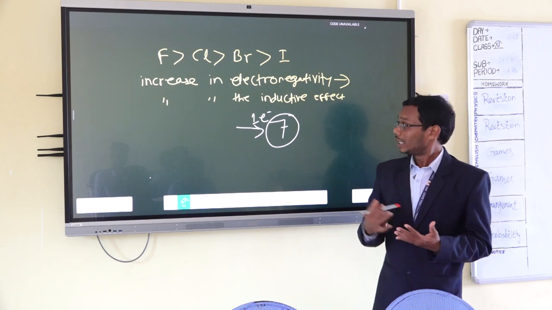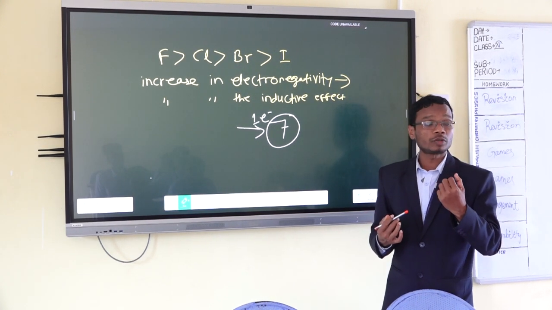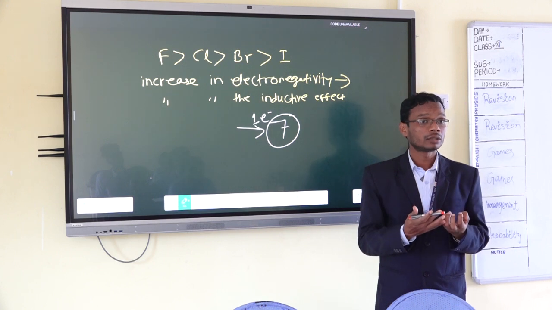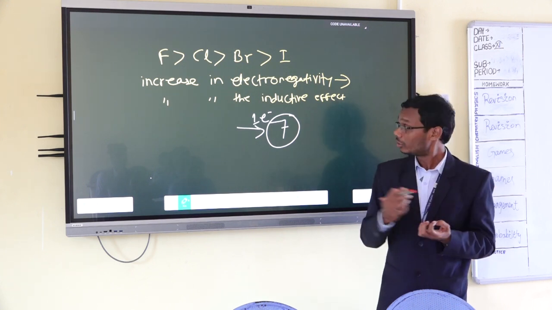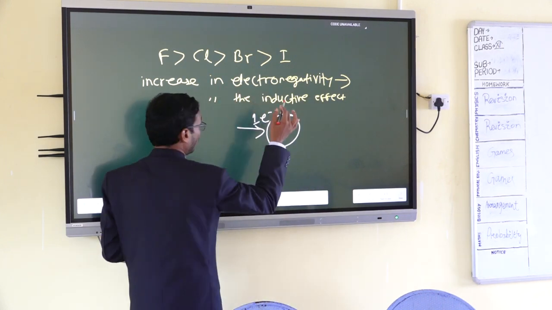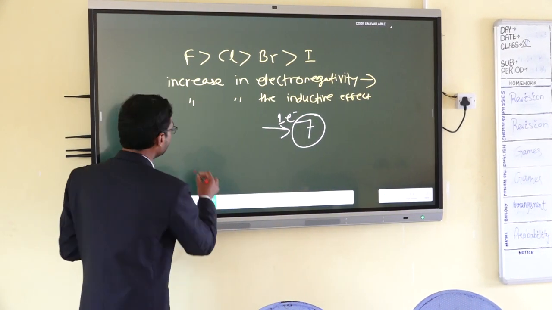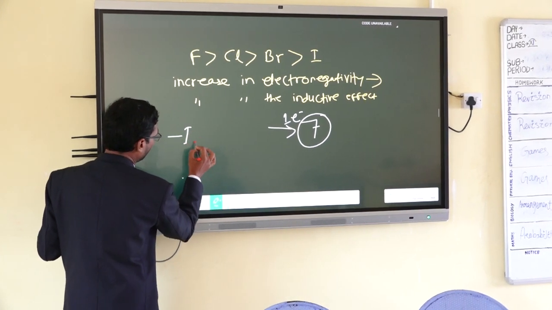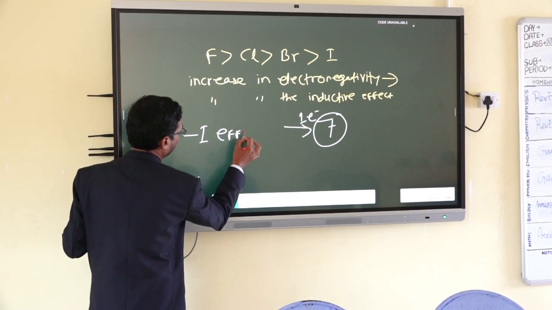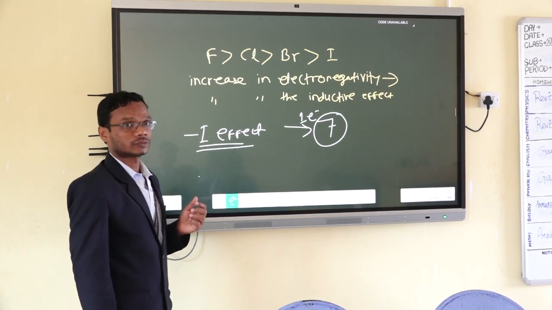That's why after receiving 1 electron, it will become negative, obviously negative, yes or no? Since the halogens receive electron and become negative, this is called negative inductive effect.